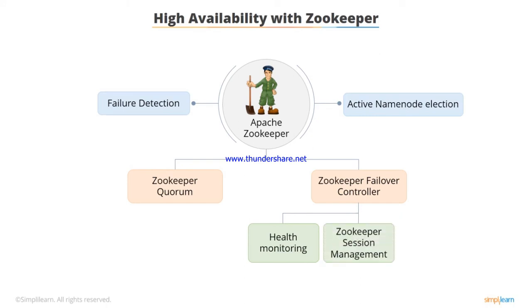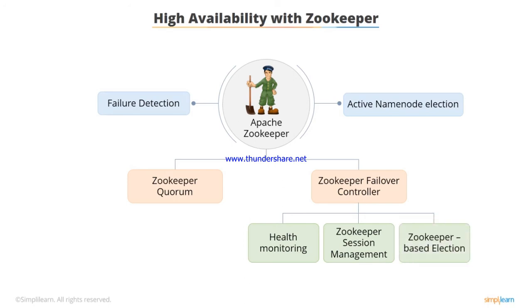Zookeeper Session Management. If the local name node is active, a special lock called znode is assigned to it. This lock uses Zookeeper's support to handle ephemeral nodes. The znode is automatically deleted once the session expires. Zookeeper-based election.